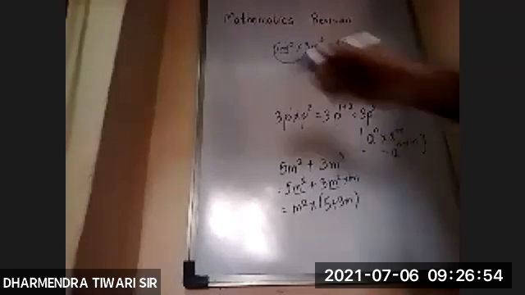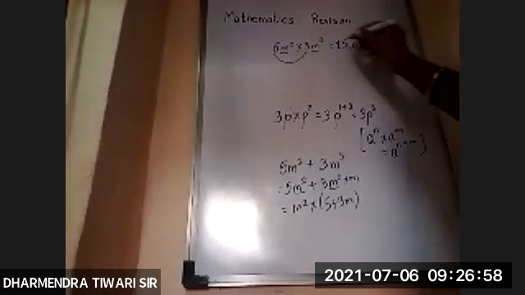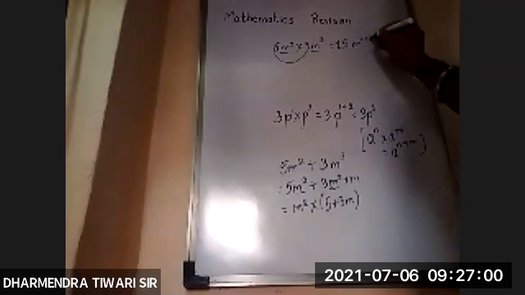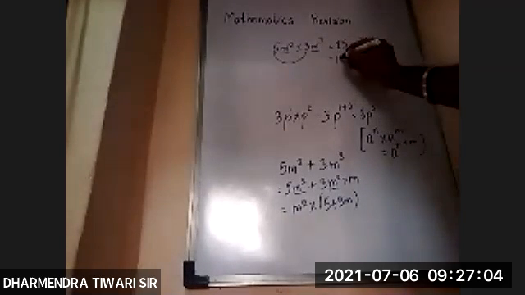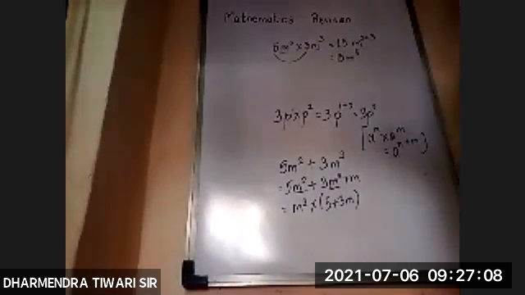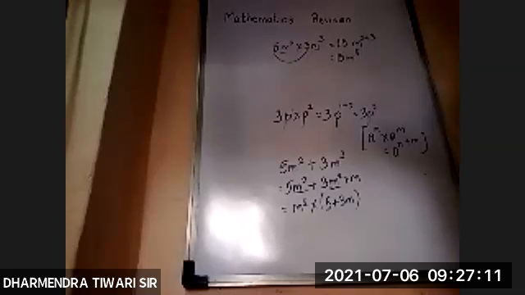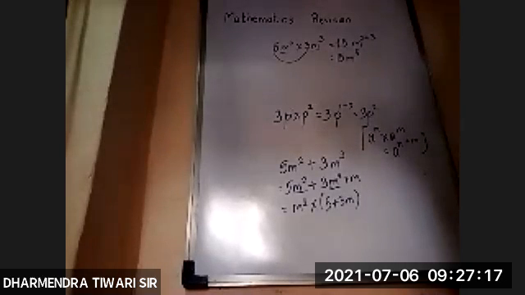Multiply this, and after that, since the base is the same, you can write 2 plus 3, which gives 15m with index 5. Hope you have understood this.